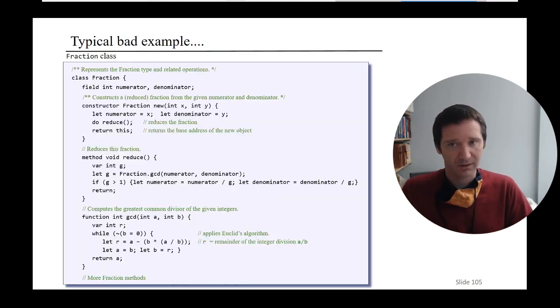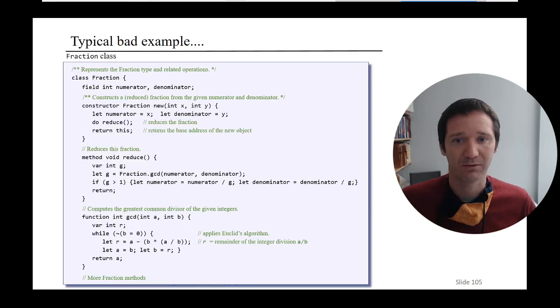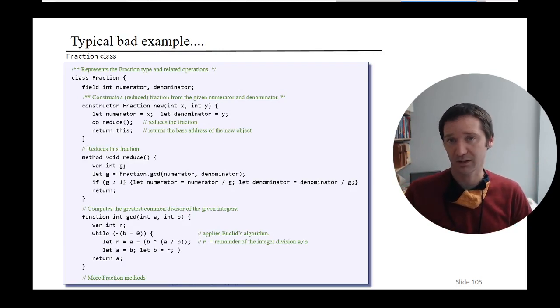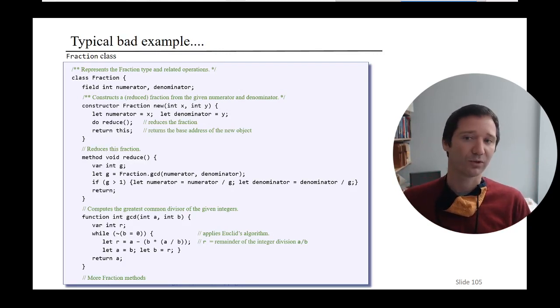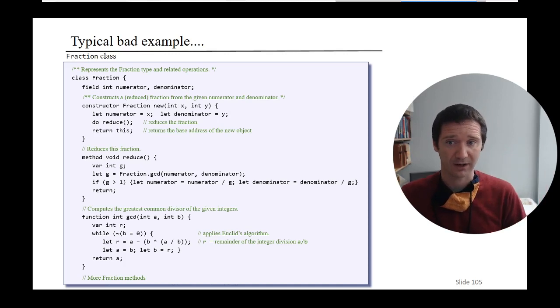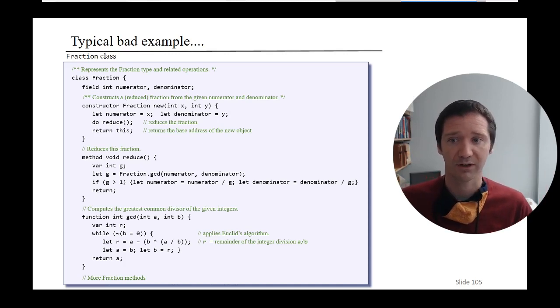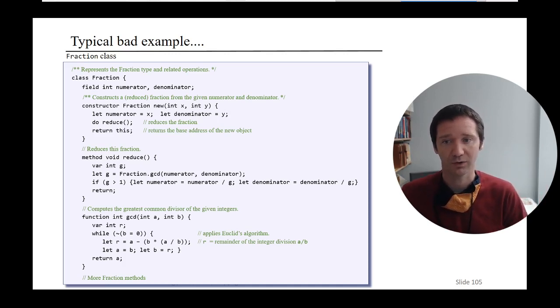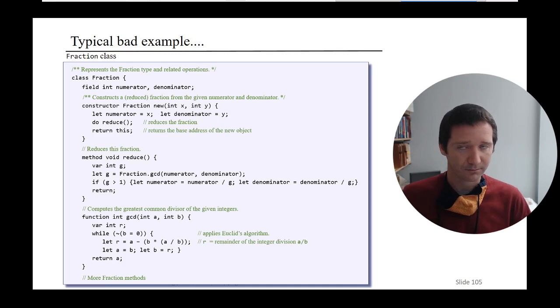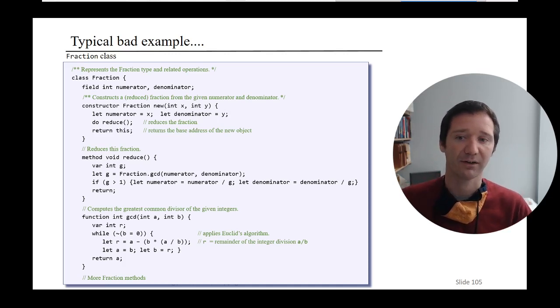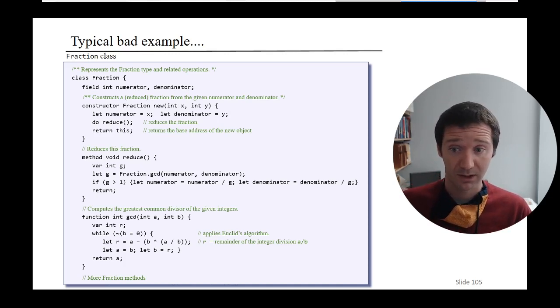So this is a bad example of what I talked about. I've already shown you this, and it was actually the bad example, but I'll show you why. This is our fraction class. We created a new fraction with numerators and denominators. We had the function to reduce. But if you look at this GCD, that was just a helper function, a generic way to calculate the greatest common denominator of two numbers.